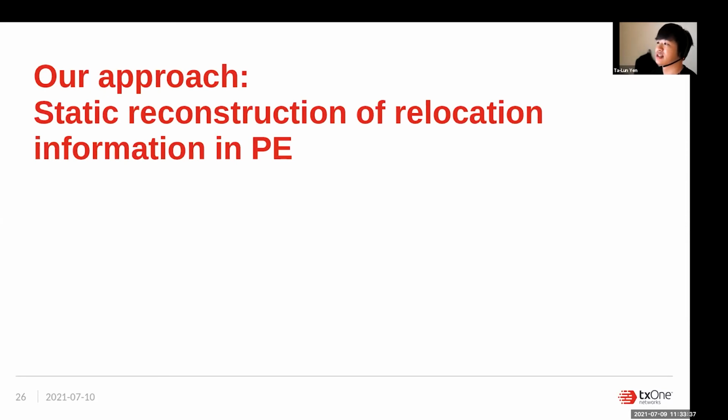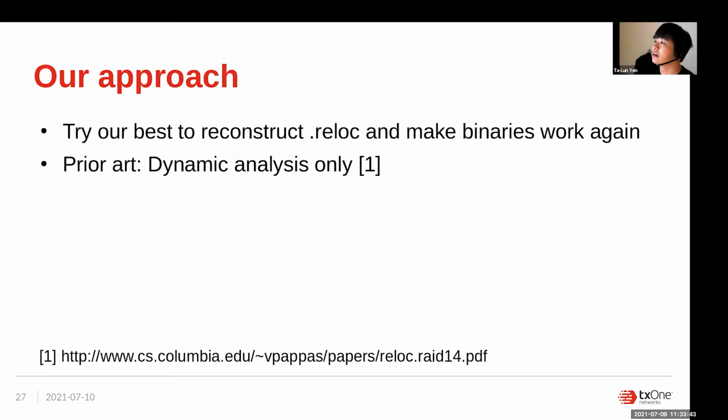We call this static reconstruction of relocation information in PE. This kind of approach actually has a prior art, which the link is below, but it's for dynamic analysis only. Apparently, we cannot run the binaries at this point, so our approach must be done by static analysis only.